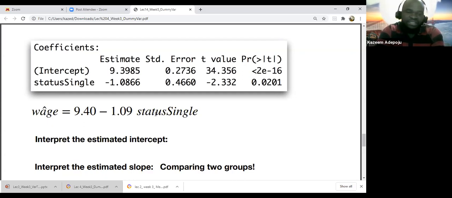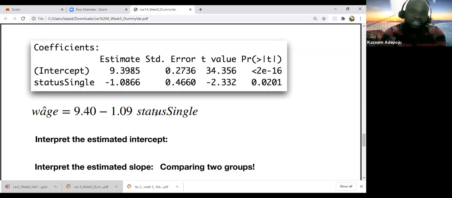Don't forget that I said for status, for married we're going to use 1, and for single we're going to use 0. And you know what? It doesn't really matter. You can use 0 for married and 1 for the other one. You can switch it.